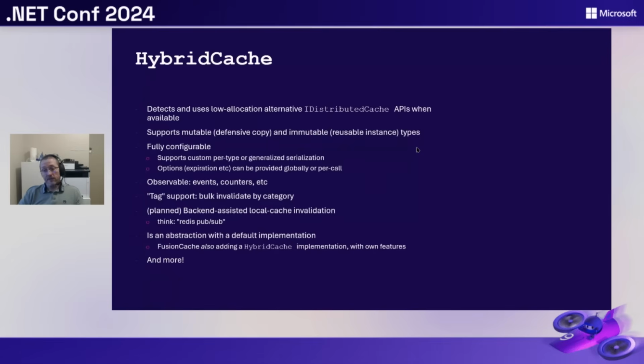Another new feature that we're adding is the ability to invalidate data based on tags. So if you've used output caching, you'll be familiar with this. So when we actually add things to the cache in the get or create API, I can optionally specify one or more tags, which are just string tokens that map to whatever your domain is.